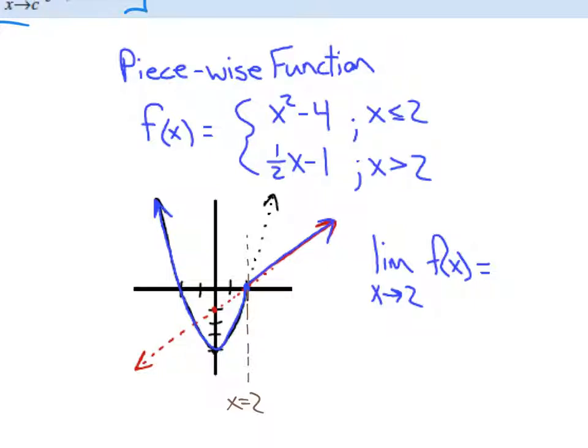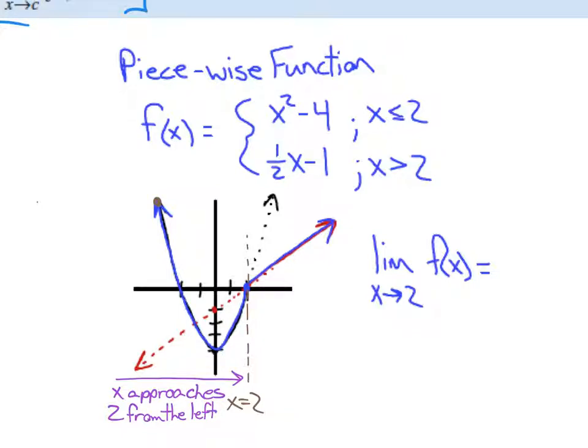Now, we need to approach this from both sides. So as we approach from the left, x approaches 2 from the left. Let's look at our y-coordinate.